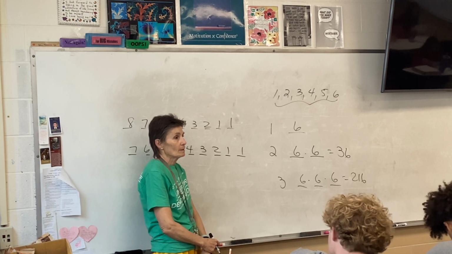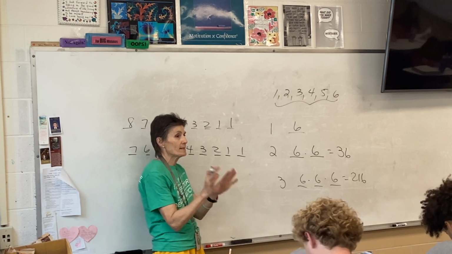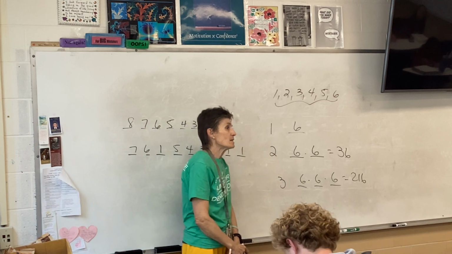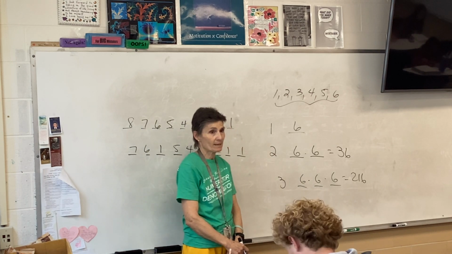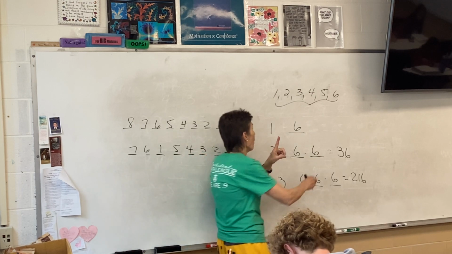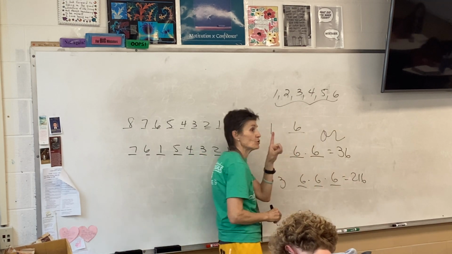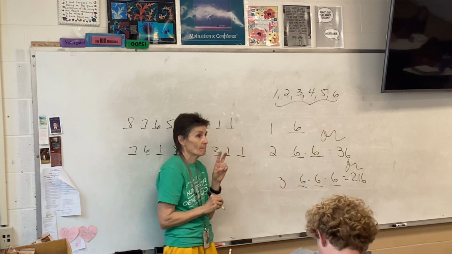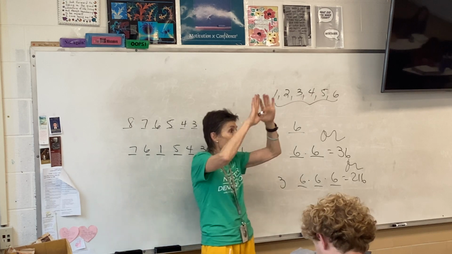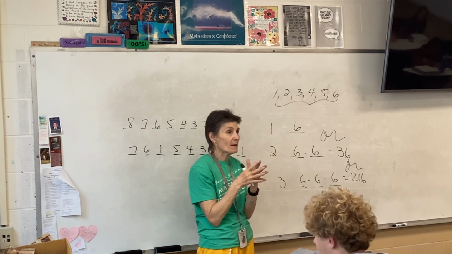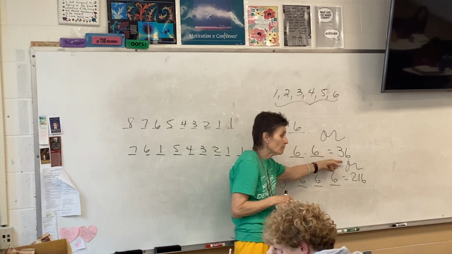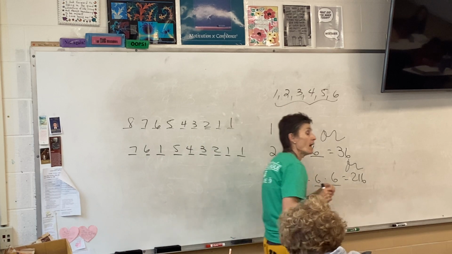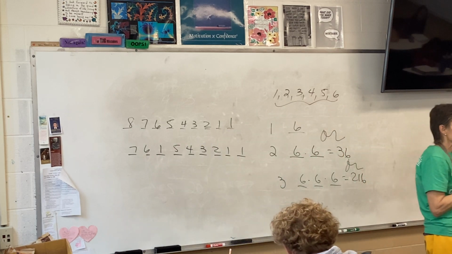Yes. All right, so here's the new idea. The question is, how many altogether can you make? They can be 1 digit, or they can be 2 digits, or they can be 3 digits. How many altogether can I make? Well, what am I gonna do with these 3 numbers? No, I'm not gonna multiply them, I'm gonna add them. I'm gonna total them up. How many altogether do I have?